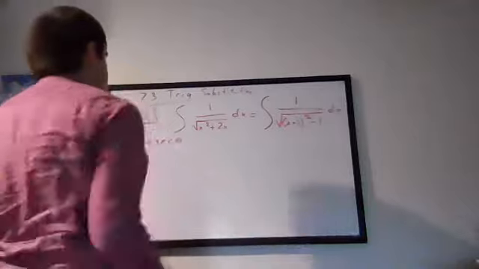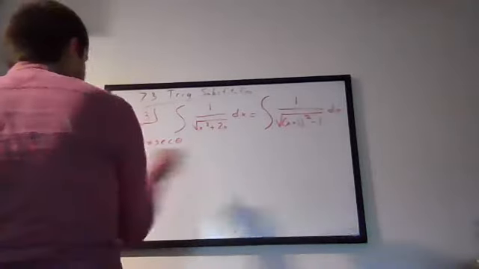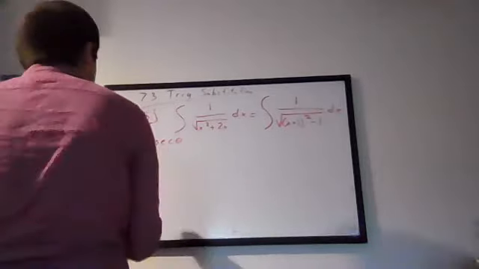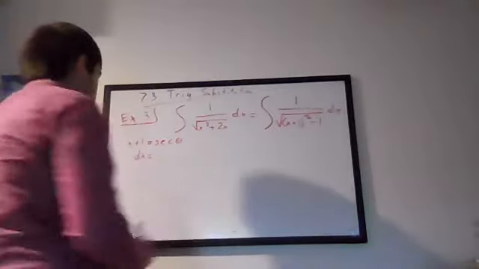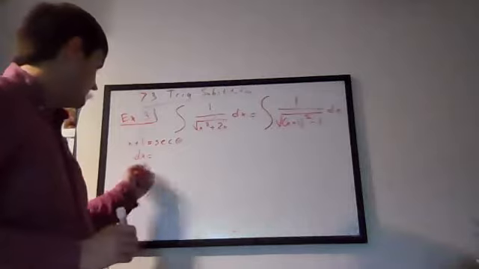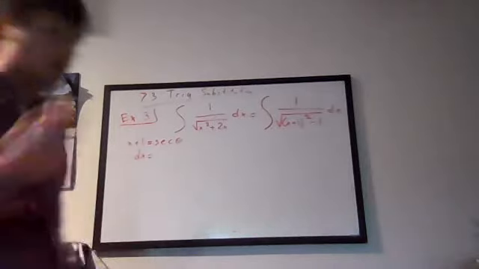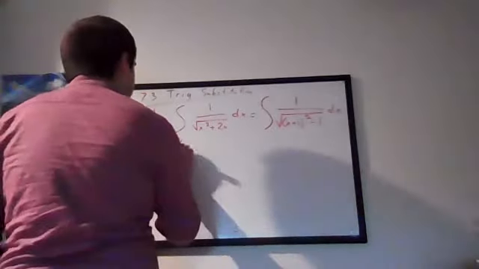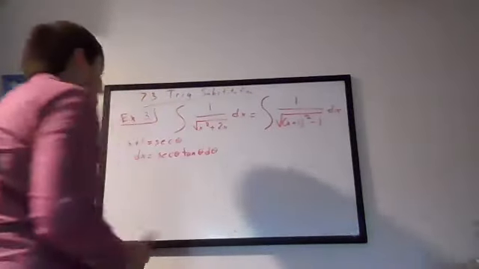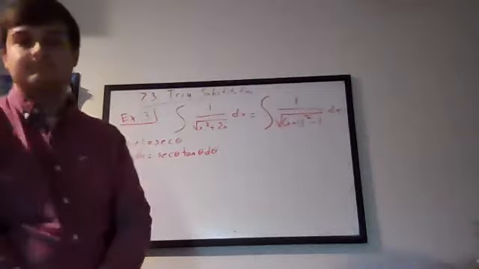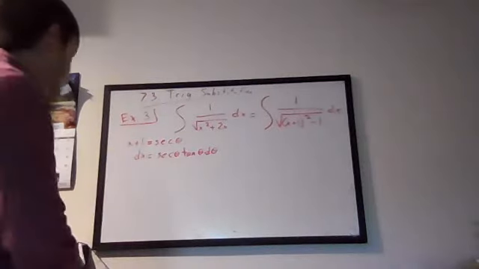Okay, awesome. Now, when I find the derivative, right, the derivative of 1 is 0, so that doesn't affect anything. So I'm going to have dx equals, and then what's the derivative of secant? Well, it's going to be secant theta tangent theta d theta. Just like that. Okay, fantastic.